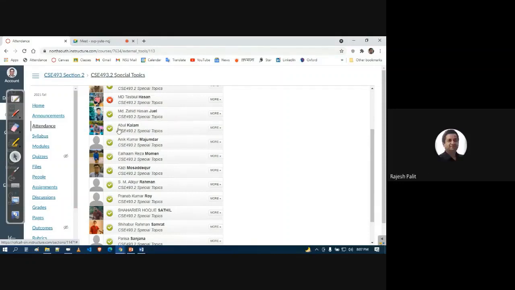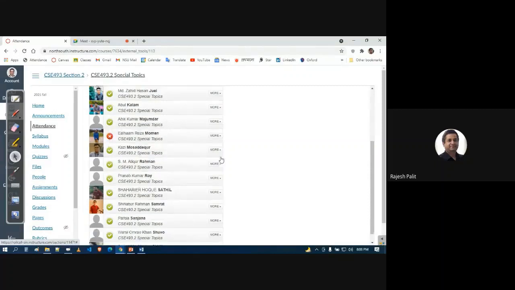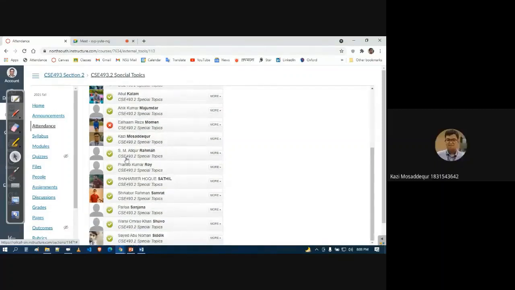Abul Kalam, present. Onik Kumar Mojumdar, present. Ilham Reza Momen, absent. Kaji Musaddekur, present. SM Atikur Rahman, present. Pranab Kumar Roy, present.